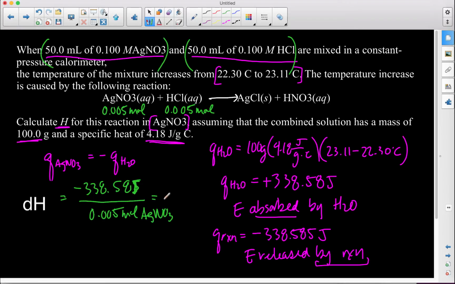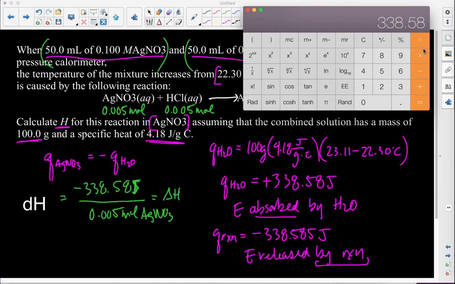And this is also equal to the delta H of this process as it's tied to AgNO3. So if we go back and take this number and divide it by 0.005, we end up with that number, which then, remember, our units are important, right? So we know it's 677.